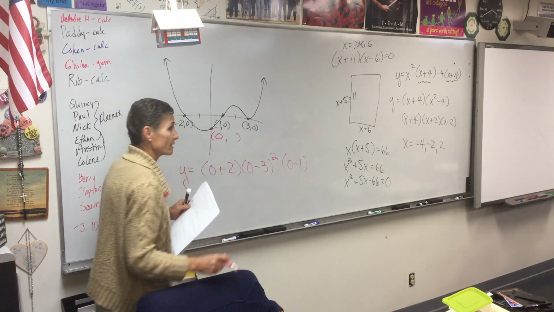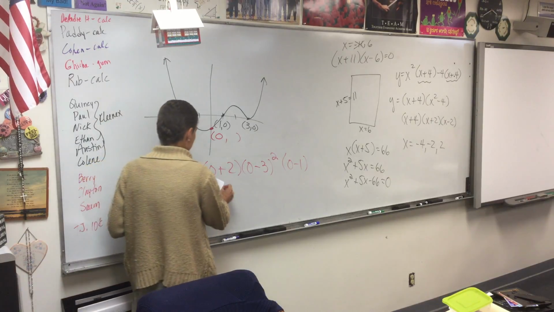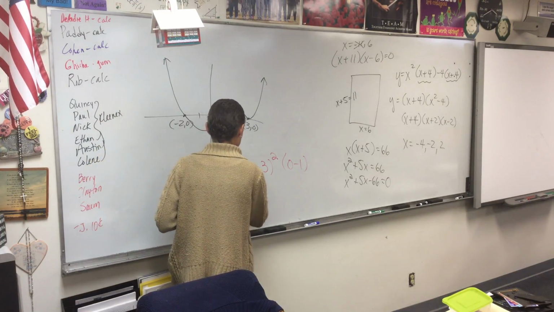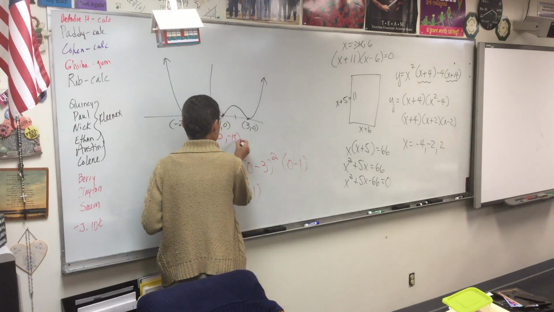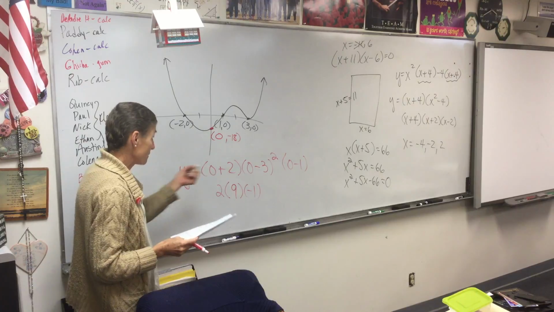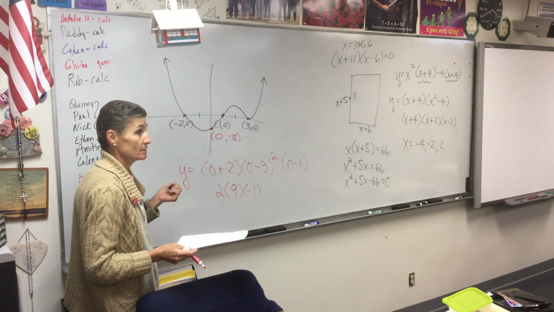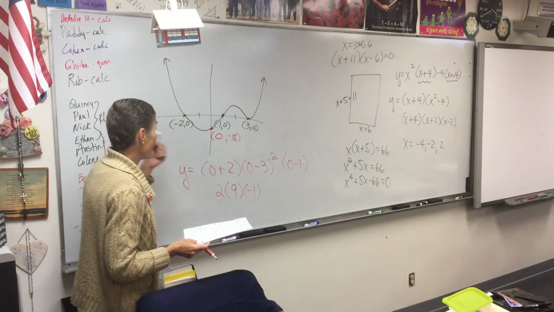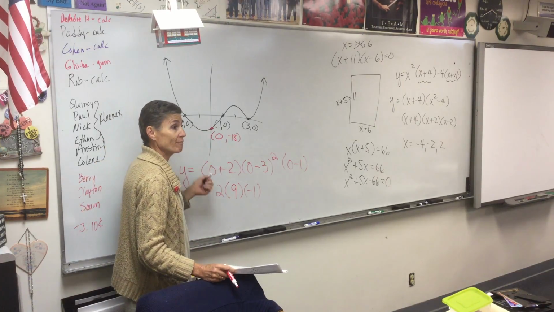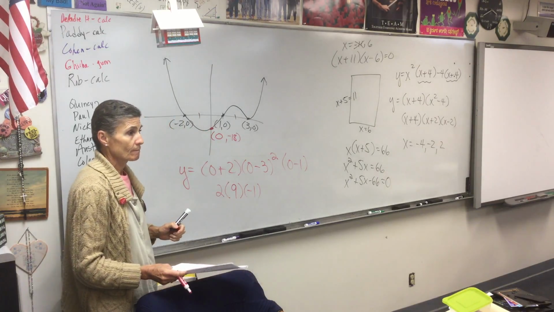So every x in the equation is going to be a 0, and that's going to give me negative 18. So my y-intercept, if I did my arithmetic right, is negative 18. So the reality is this guy goes down a whole lot farther than I drew it. I don't care. You label it, we're good.